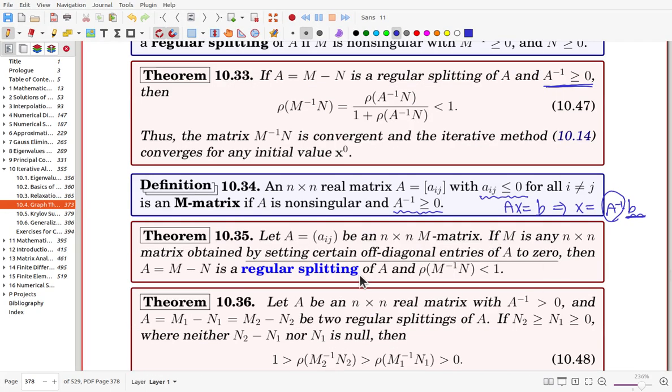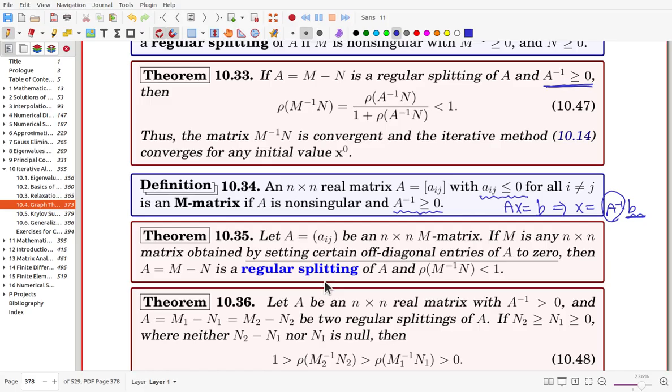Now, again, this theorem gives the conditions for regular splitting. Once the matrix is an M matrix, and M is obtained by setting certain off-diagonal entries of A to 0 as in Gauss-Seidel and Jacobi, then this splitting M minus N is a regular splitting.